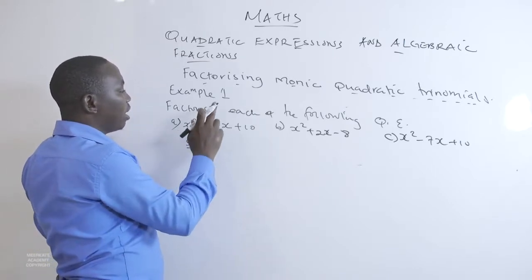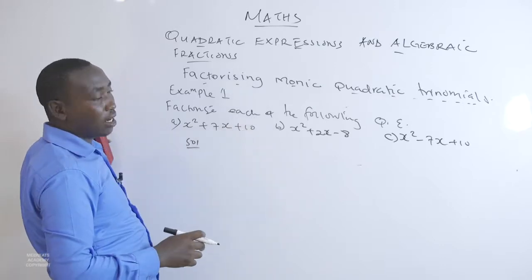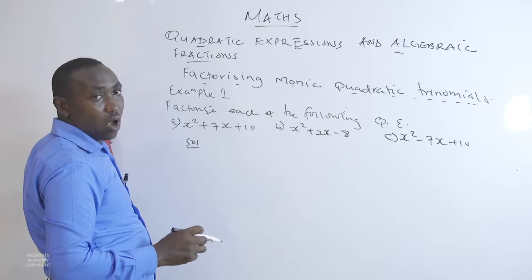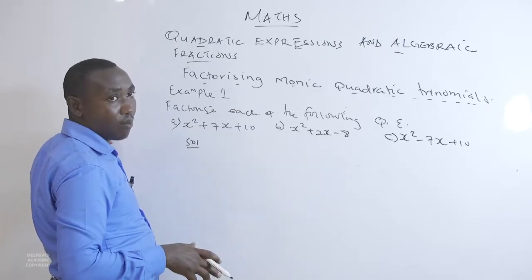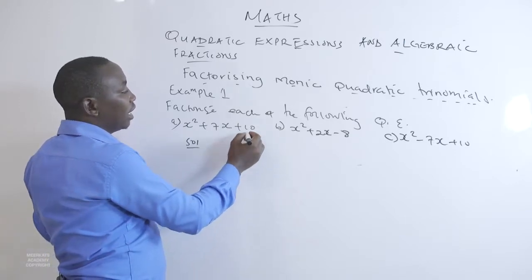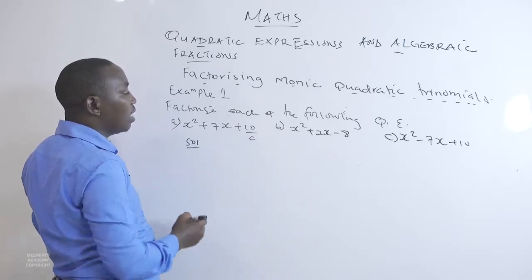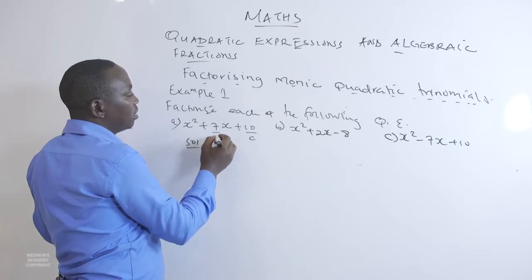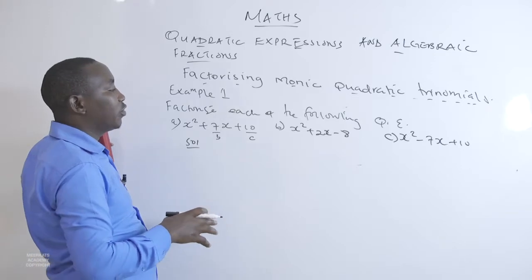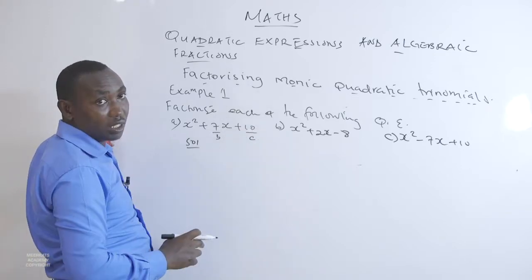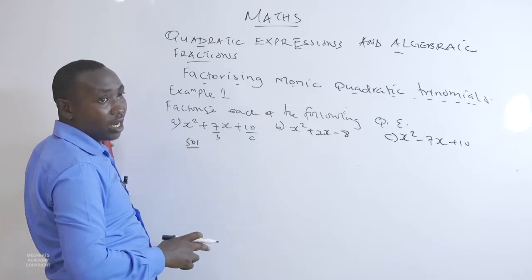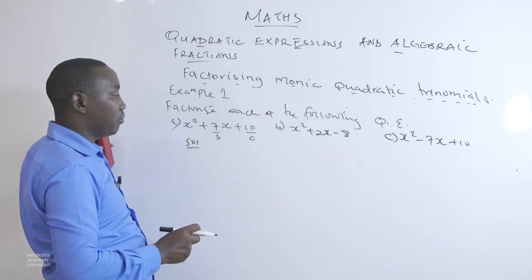The first one is x squared plus 7x plus 10. We had said that in the first step we need to look for two numbers which when multiplied will give us c. In this particular case our c is positive 10, our b is positive 7. So we need to look for two numbers such that when multiplied we get 10, which is c, and when added give us positive 7, which is b.